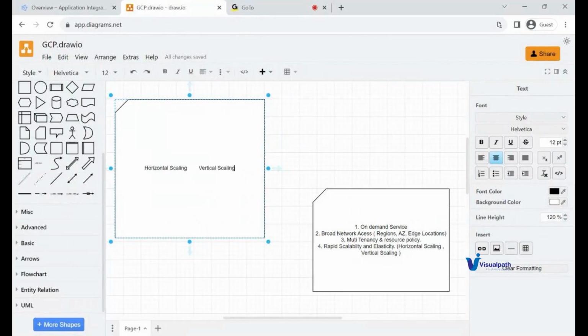vertical scaling. So when I talk about scalability, these are the two basic principles that it falls upon: horizontal scaling and vertical scaling. Let me give you first an example, right? Let's say I have 100 users hitting my application, and my application was designed in such a way that it could support only 50 users, right?